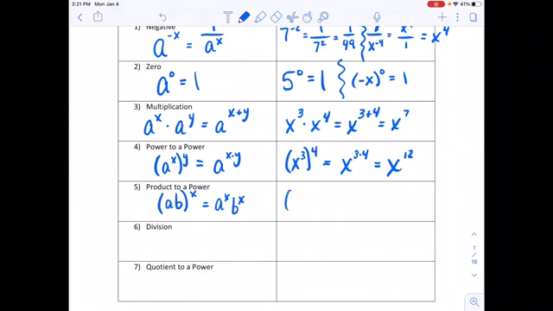So for example, if we have 2 and x, two different bases, all squared, or sorry, let's say cubed. All cubed, we distribute that cubed exponent in. So we have 2 cubed times x cubed. So 2 times 2 times 2 is 8, x cubed.